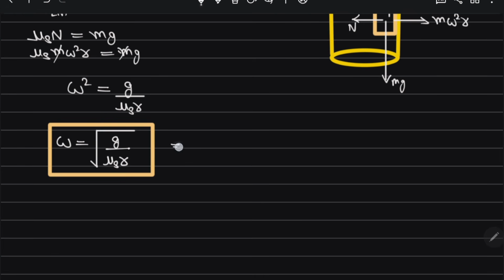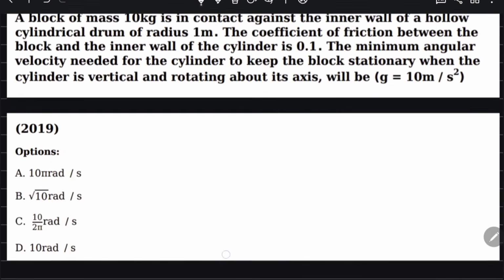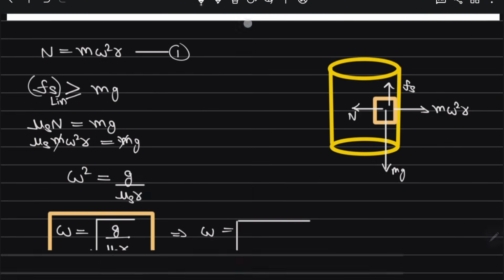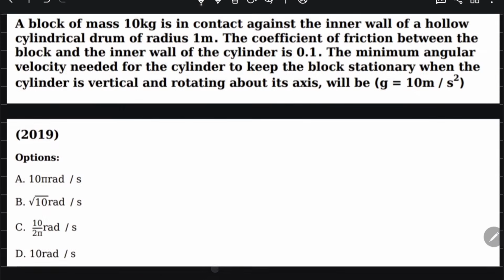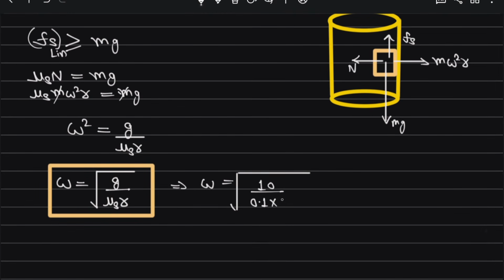So here omega comes out to be, if I put the values, g is given as 10, mu s is 0.1, and radius is 1 meter. So here you see that this is 100.